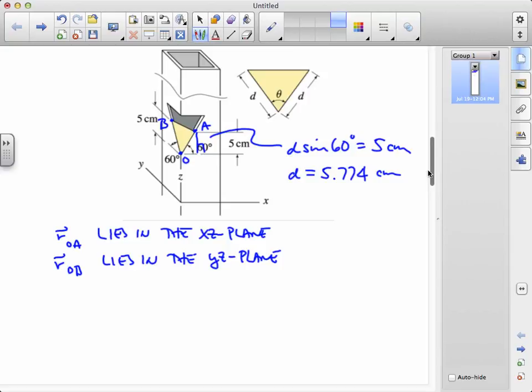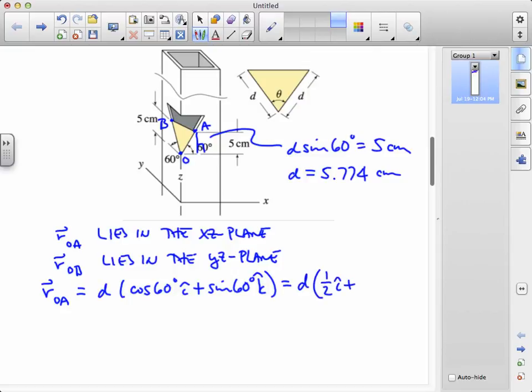So for instance, we can represent r_OA as the distance d times cosine of 60 degrees in i plus sine of 60 degrees in k, and we could write that further as d times 1/2 i plus root 3 over 2 k. This becomes the unit vector that points in the direction of OA.